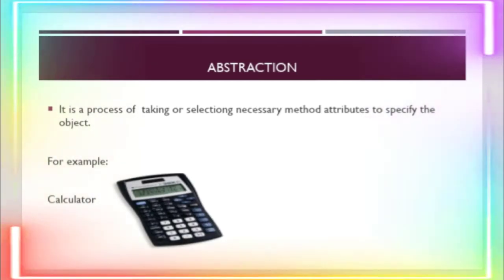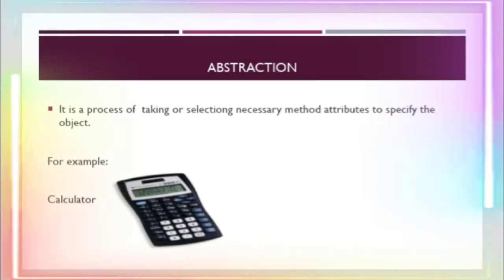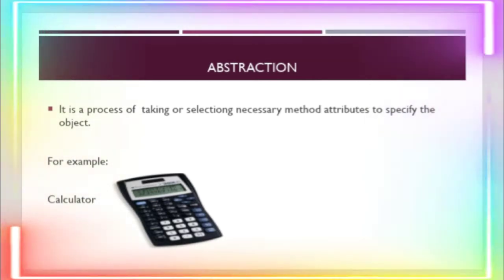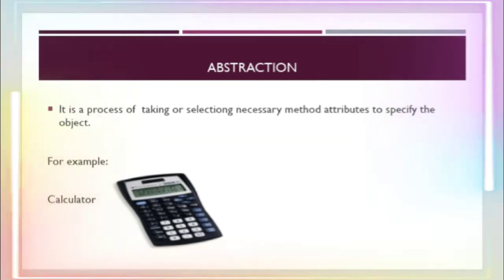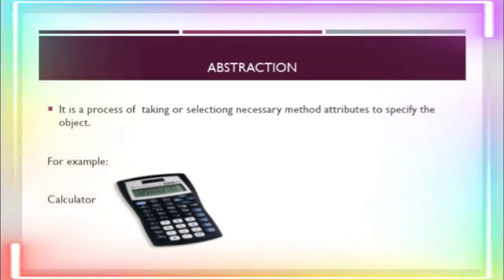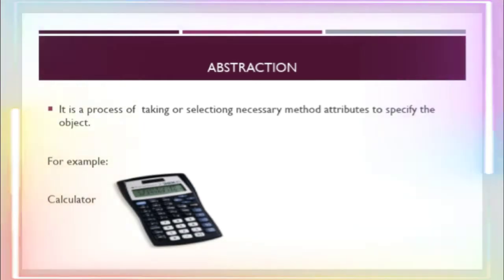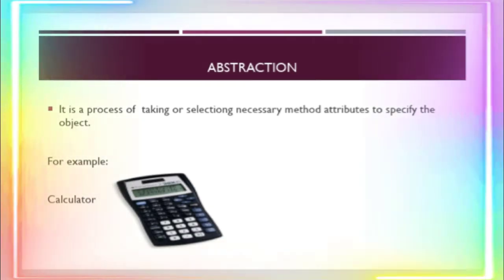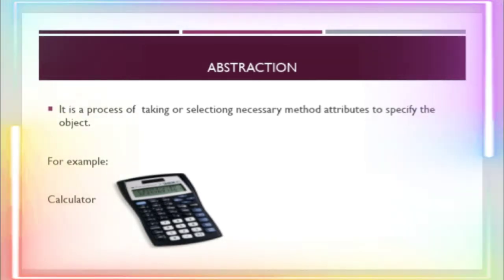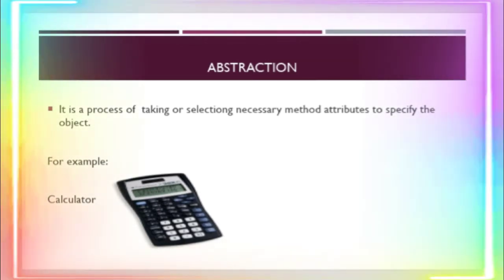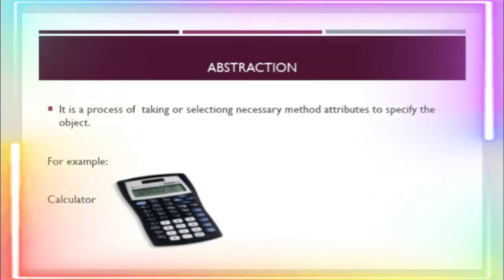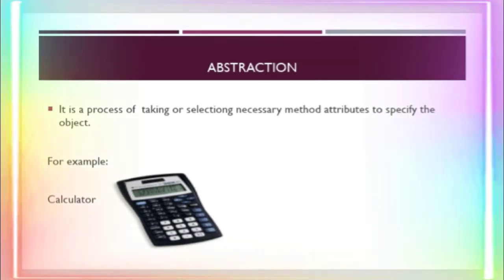Abstraction. It is the process of taking or selecting necessary method attributes to specify the object. When we say abstraction, it is an extension of encapsulation. It means providing only the necessary information to the outside world while hiding the internal details of implementation. It reveals only the appropriate operations of the objects.